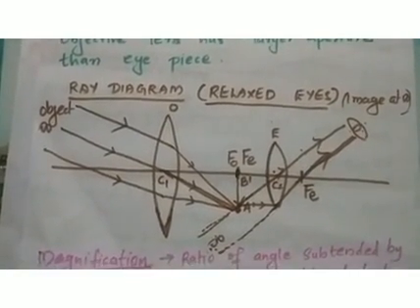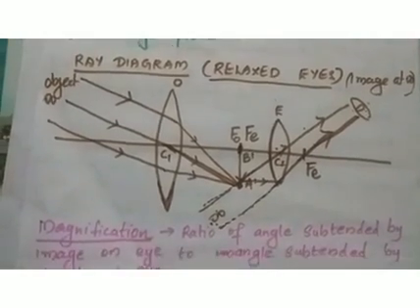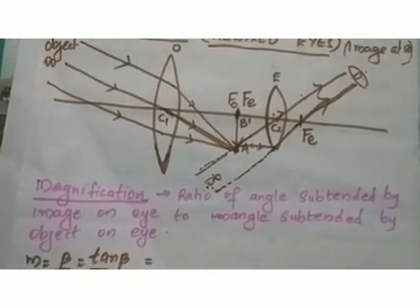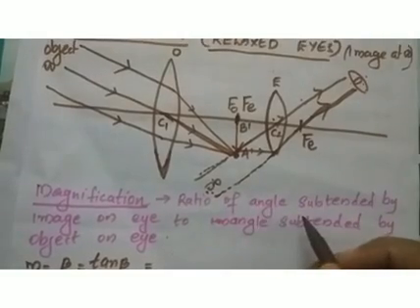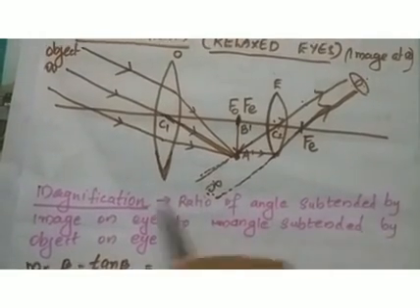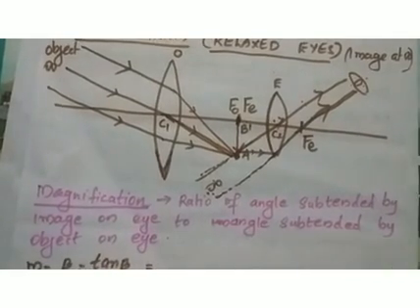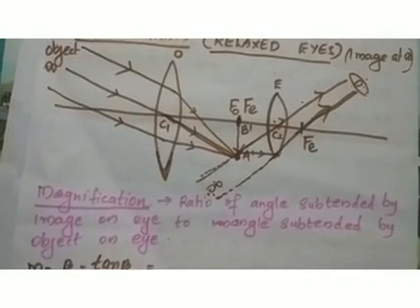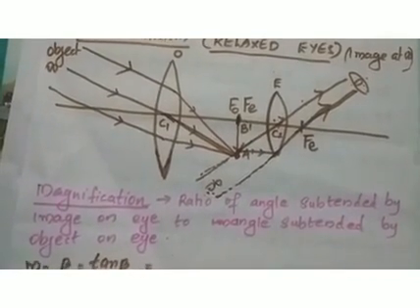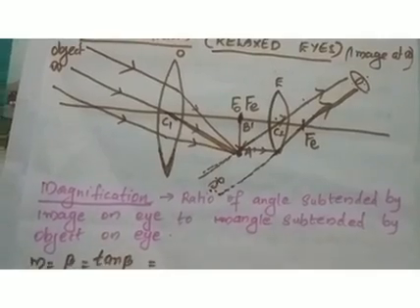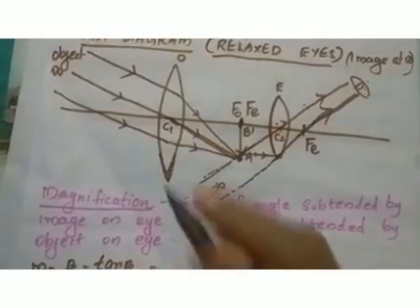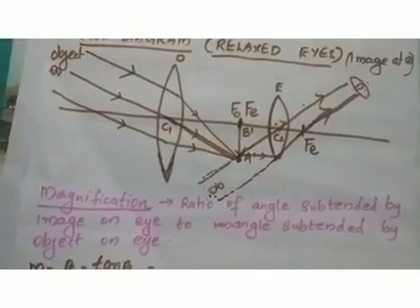Now we can discuss the magnifying power or magnification. And you know what is magnification? Magnification is the ratio of the angle subtended by the image on the eye to the angle subtended by the object on the eye. So here, which is the angle subtended by the image and which is the angle subtended by the object? So here you can see the rays coming from the object.